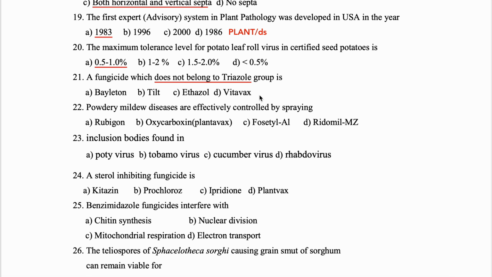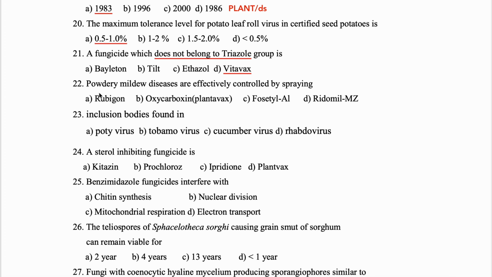Vitavax is the first systemic fungicide which was discovered by von Schmeling and Kulka, and it belongs to oxathiin group. So here we have our answer. So even if we don't know about options A, B and C, we can tell that Vitavax is definitely the one which does not belong to triazole group. Okay.